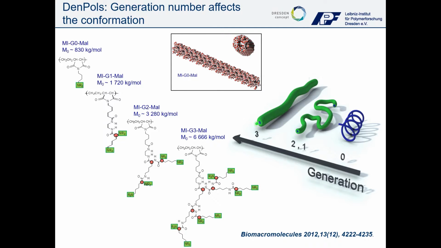But in the 3rd generation, the amount and density of dendrons along this linear chain is so big that, for steric reasons, we again have a stretched, worm-like structure on top of which the functional groups are again exposed for further interactions.